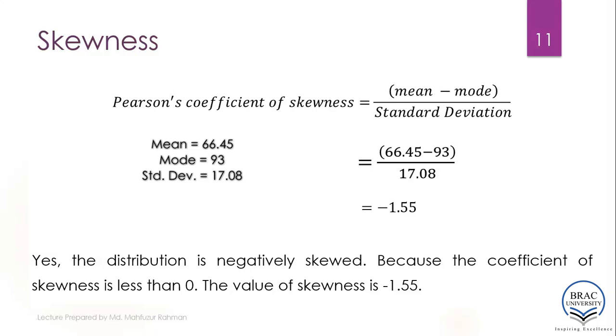But if it gives us a negative value for all of the skewness formulas, then you can say it's a negatively skewed distribution. Remember, the formula can vary, so you don't need to worry about these values, but you have to worry about the sign, or you can say the direction. Is it 0, is it positive, or is it negative?